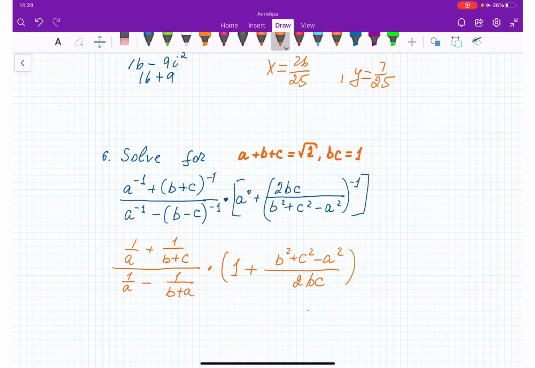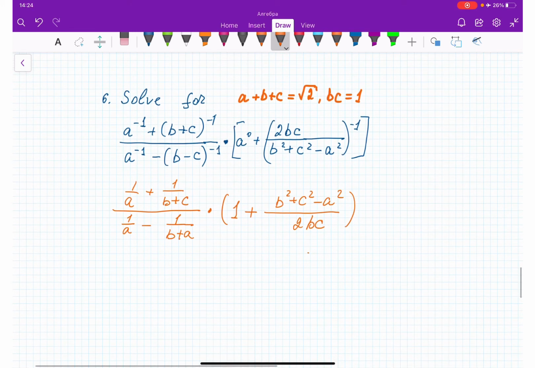All right, so next is bringing to a common denominator, a and b plus c.